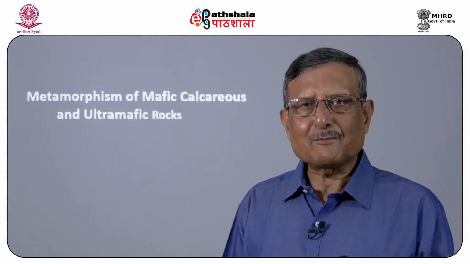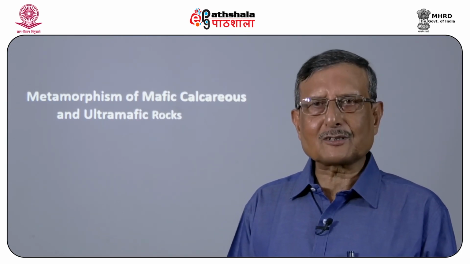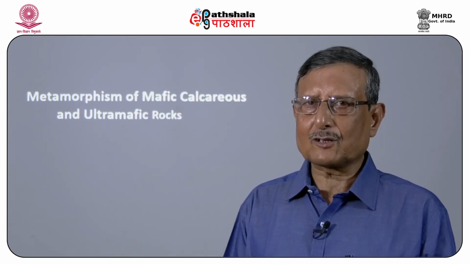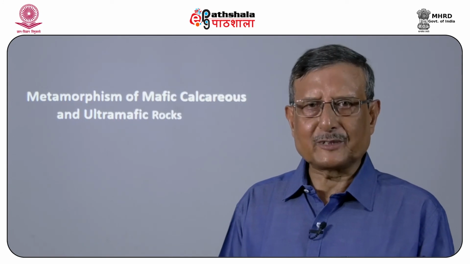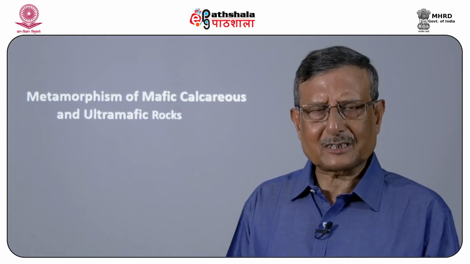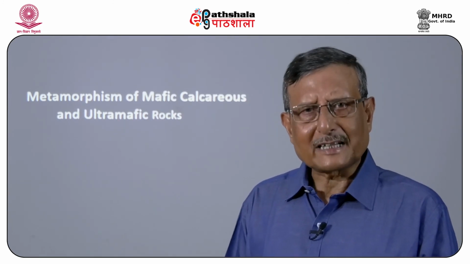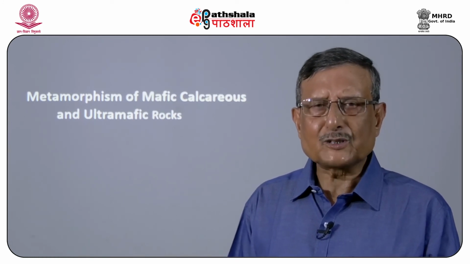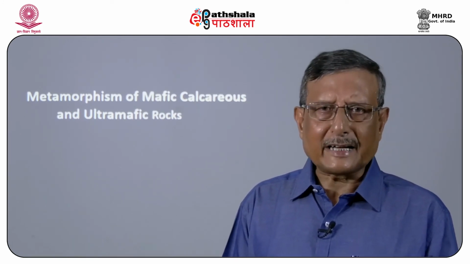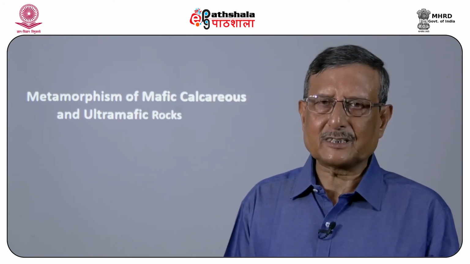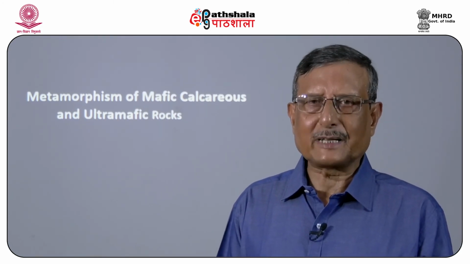So, I do not have much to say about ultramafic rocks other than the fact that you recall that by ultramafic rocks we mean magnesium rich olivine, magnesium rich pyroxenes, and perhaps in some cases with calcic plagioclase. This was the original ultramafic rock which we call peridotite, or extreme cases dunite, which is a nearly monomineralic magnesium olivine.